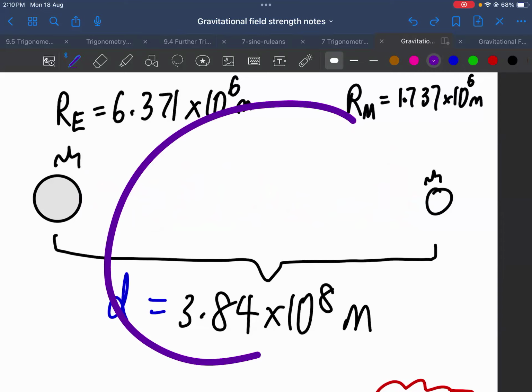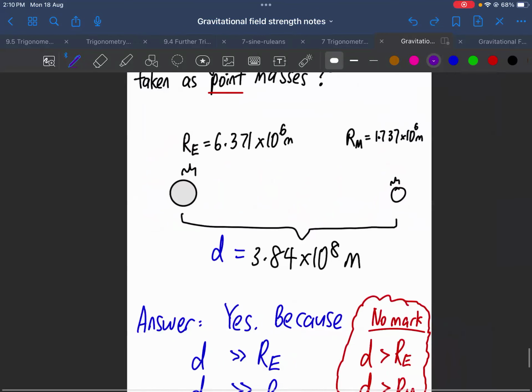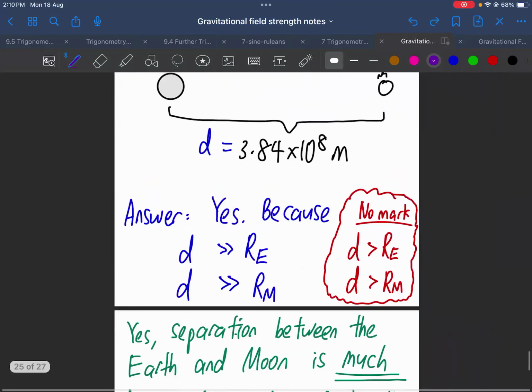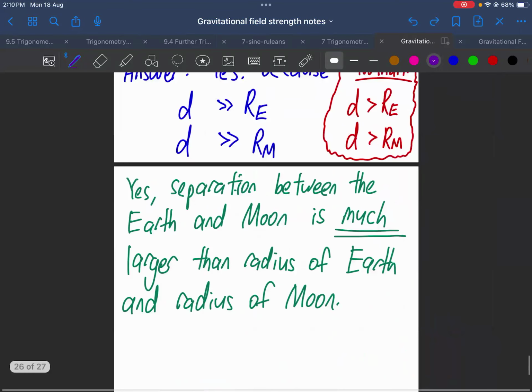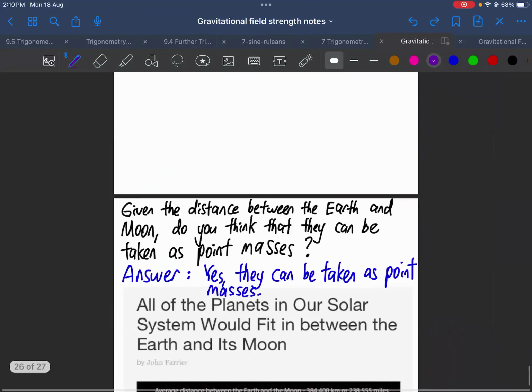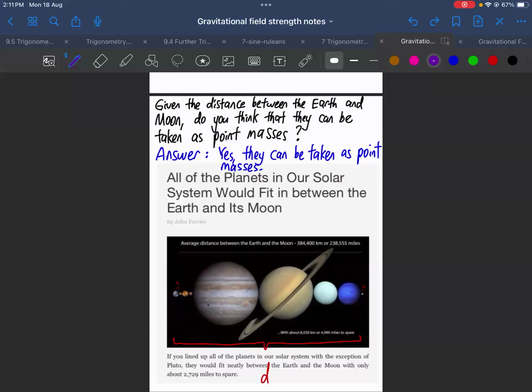Jupiter alone is already big enough, right? But surprisingly, read the news. All of the planets in our solar system basically fit in. Oh my God, they fit in the distance in between the Earth and the Moon.